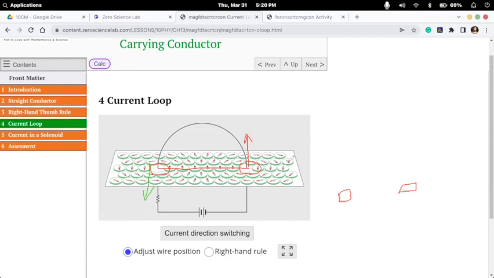So what is the difference? For a straight conductor, how many magnets? It is behaving like only one magnet. Yes, sir. But here it is acting like two magnets, right? Isn't it? Here one magnet, here another magnet. So it is behaving like two magnets, right?